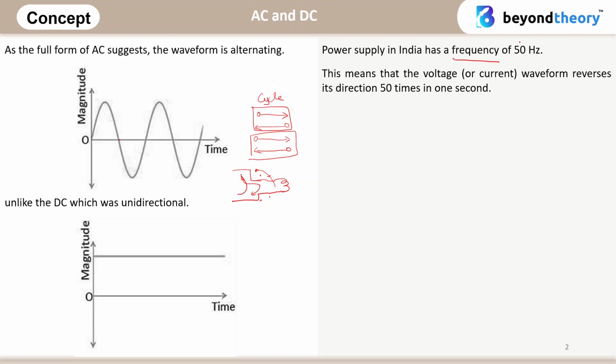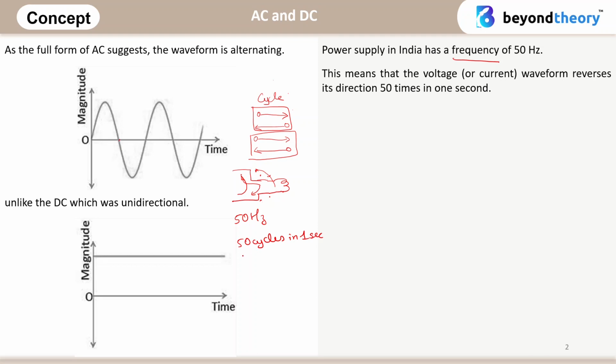Now, I'm sure we've always heard of the frequency being mentioned as 50 Hz in India and 60 Hz in the US. What this means is that the current goes through 50 such cycles in 1 second. So when I say 50 Hz, it means 50 cycles in 1 second.